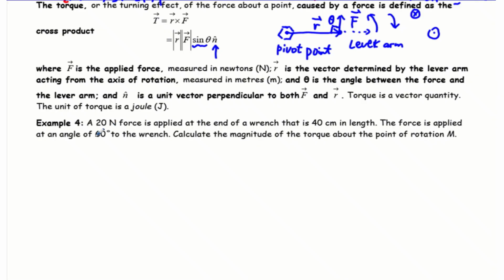So, example 4. A 20 Newton force is applied at the end of a wrench that is 40 centimeters in length. So we could change it to meters: 40 centimeters times 1 meter over 100 centimeters. Centimeters cancel out, then we have 0.4 meter, a unit conversion.